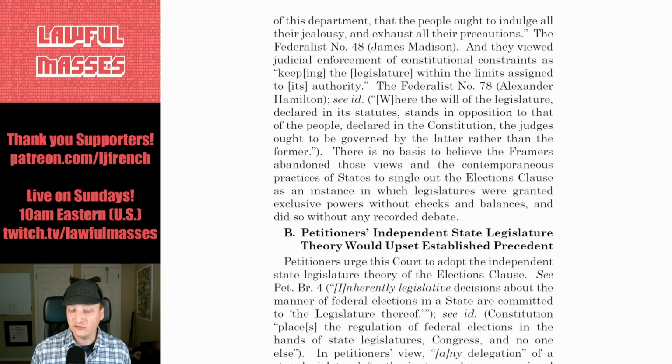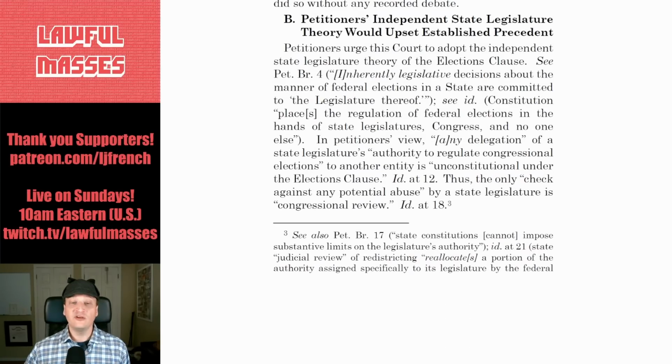There is no basis to believe the framers abandoned those views and the contemporaneous practices of states to single out the Elections Clause as an instance in which legislatures were granted exclusive powers without checks and balances, and that they did so without any recorded debate. Petitioners' independent state legislature theory would upset established precedent. Petitioners urge this court to adopt the independent state legislature theory of the Elections Clause.